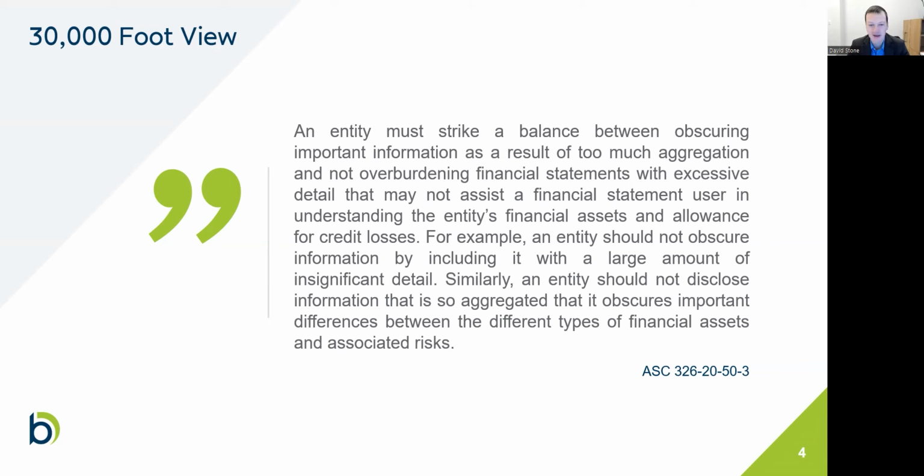Now, to put that a little more succinctly, I look at it as the Goldilocks approach. You don't want too much, you don't want too little. You just want to be right in the middle, right in that sweet spot with your CECL disclosure. There's, as we know, a lot of information that goes into developing your allowance for credit losses, arguably more than there was under incurred loss. A lot of that information is important, but a lot of it probably isn't important in the context of your financial statements.